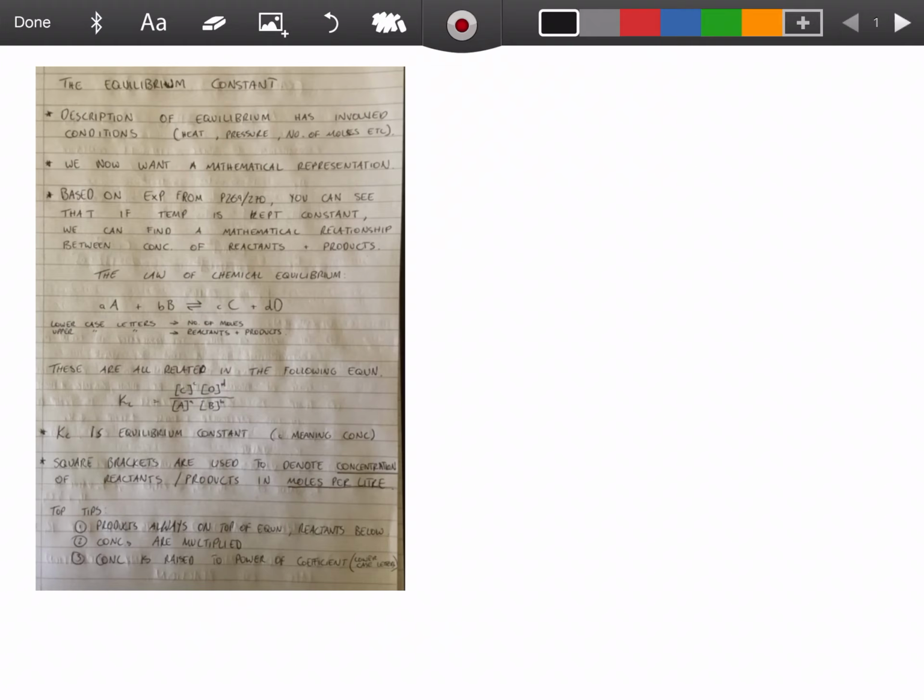So if I keep a constant temperature, that means that I can look at the concentration in detail, or I can look at the volume of products or the volume of reactants in detail, and I can look at the mathematics between those things, because one thing is kept the same, the temperature in this case.